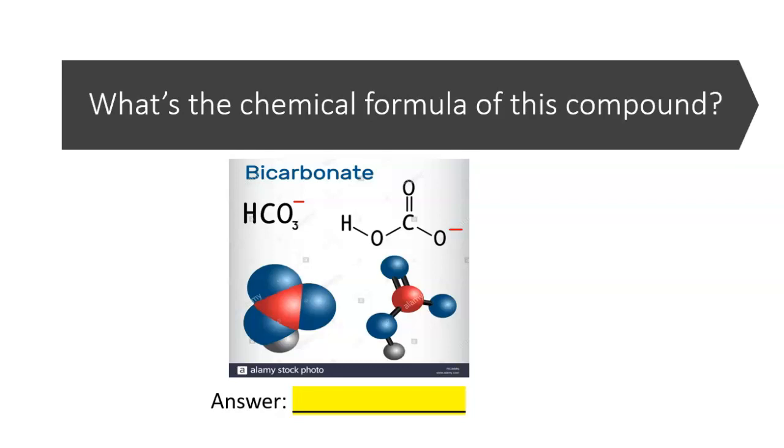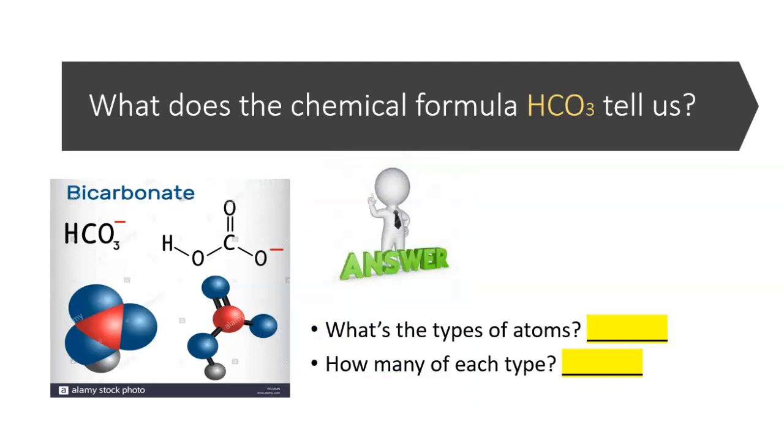All right, what is the chemical formula for this compound? It's bicarbonate, and the answer is actually up here on this image. Hopefully you said HCO3. HCO3 is the chemical formula, it tells us exactly what's in every molecule or every compound of bicarbonate.